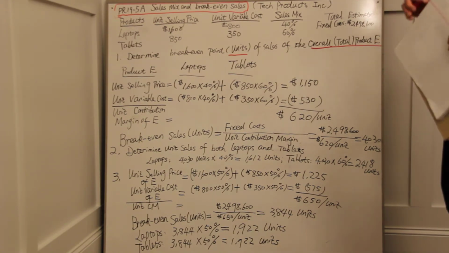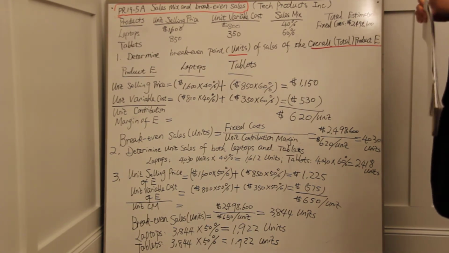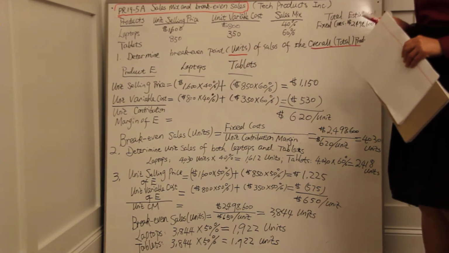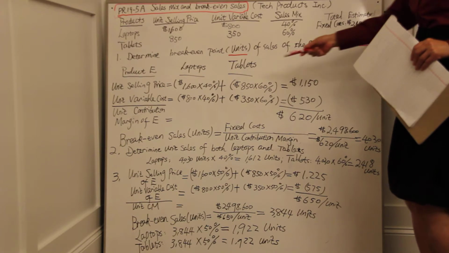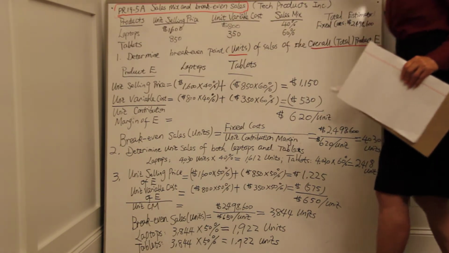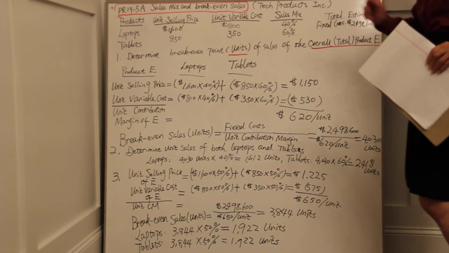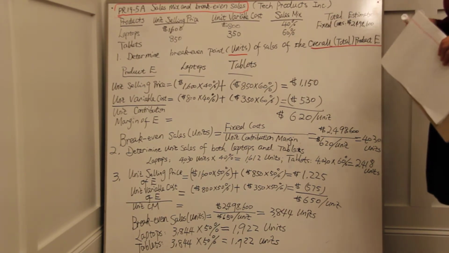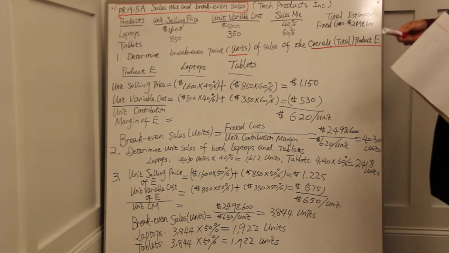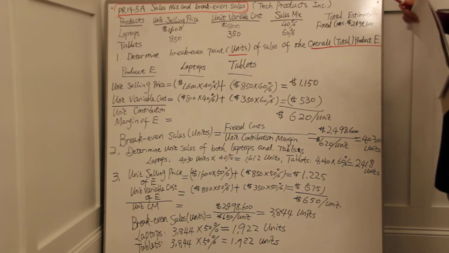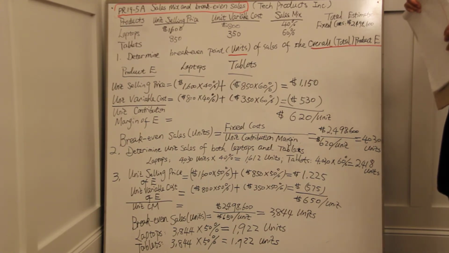It equals the laptops' unit selling price times the sales mix, 40%, plus the tablets' unit selling price, 850, times the sales mix. So that gives us $1,150, which is the unit selling price for the overall total product E.